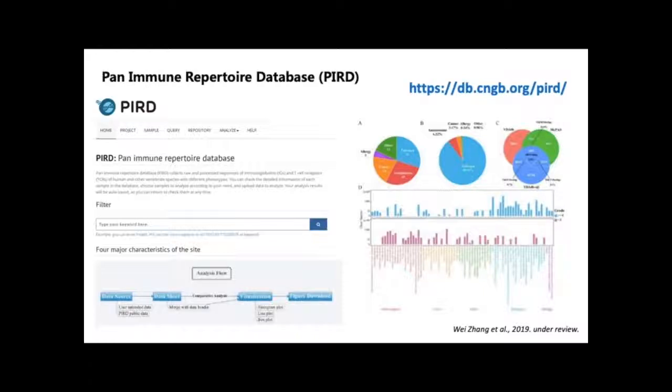In order to facilitate data sharing, because we generate a lot of data, we think it is very important to share this data and to find a very good repository to store it. So we established the Pan-Immunome repertoire database, called PERD. Users can upload their data to PERD and query the database, and compare their data to our data.